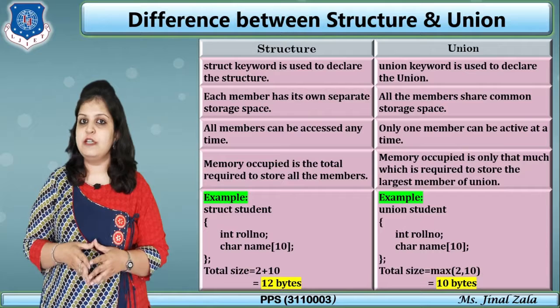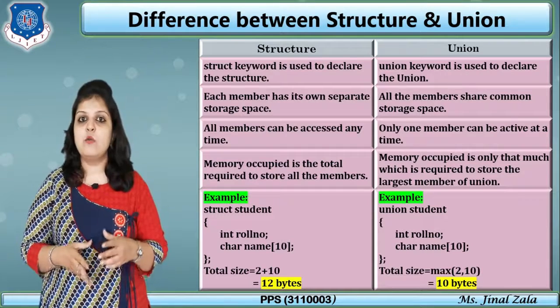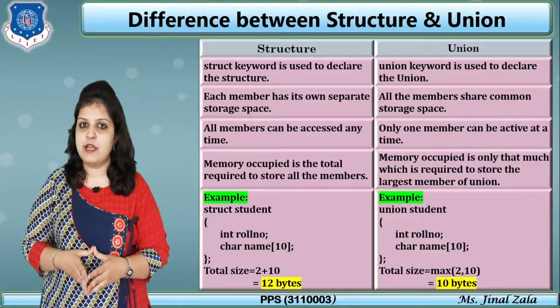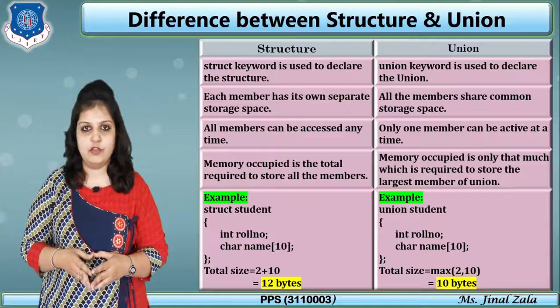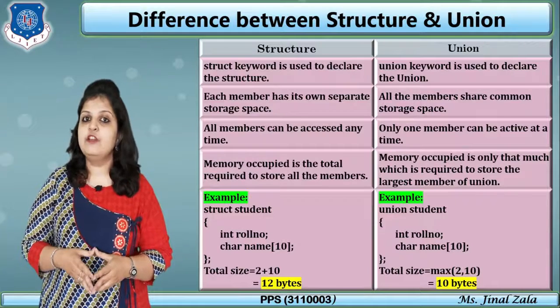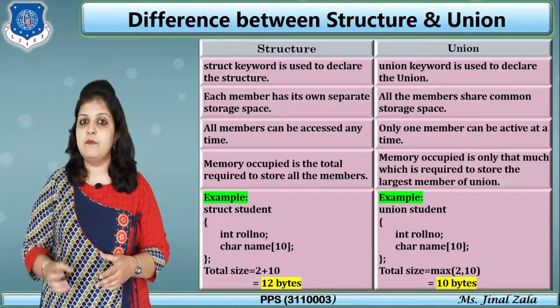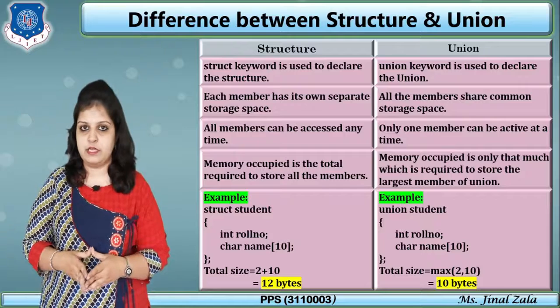So our structure variable occupies 12 bytes in the memory, whereas union is mainly memory efficient. When you want to save your memory, at that time you can use union, and memory occupied by our union variable is the maximum of all the members. How? The same example I have taken here.